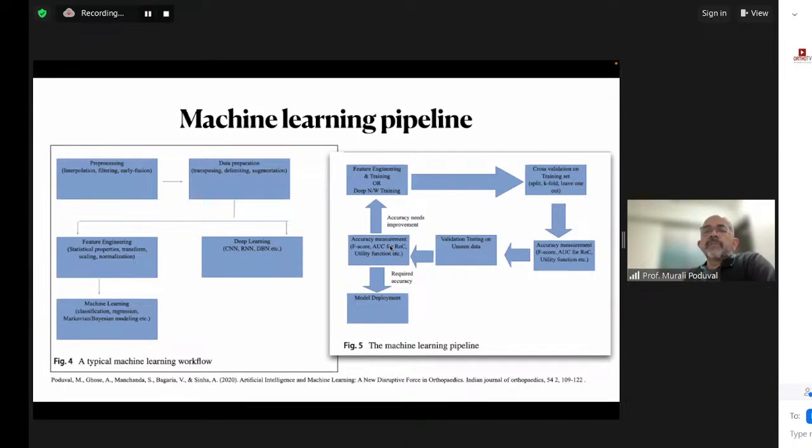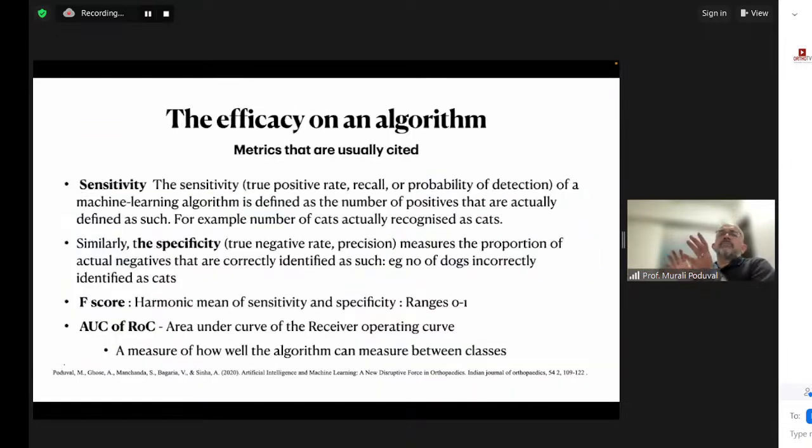So if the accuracy measurement is carried out using the S-score or the area under the curve for an ROC or a utility function, either it goes back into the loop to increase the efficiency of the algorithm, or the model is finally deployed in the real world. So this is typically the method by which most machine learning pipelines are developed.